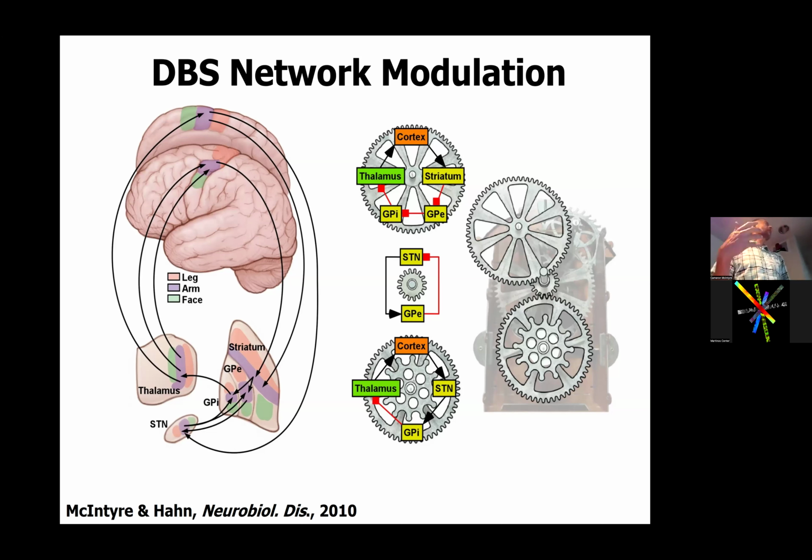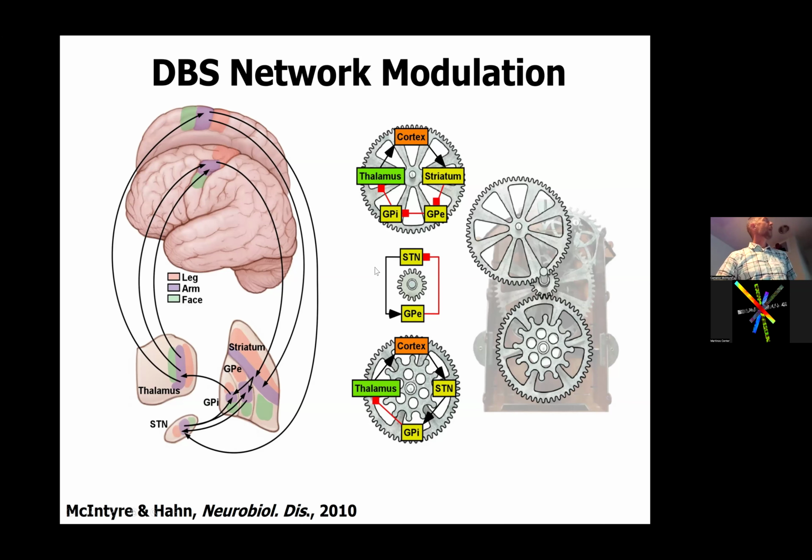The most common surgical target for that is the subthalamic nucleus here, which is part of this thalamocortical basal ganglia loop. Through clinical trial and error, people came to this realization that this was a great place to put our stimulation electrodes to then modulate this bigger network.